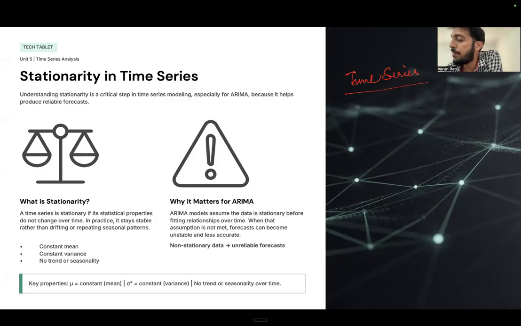Whenever we are working on time series, here the statistical properties do not change with time. For example, if today the value of mean or average is (a+b)/2, 10 years later also it will still be the same. It will be (a+b)/2. So in stationarity, a time series is stationary if its statistical properties do not change over time.